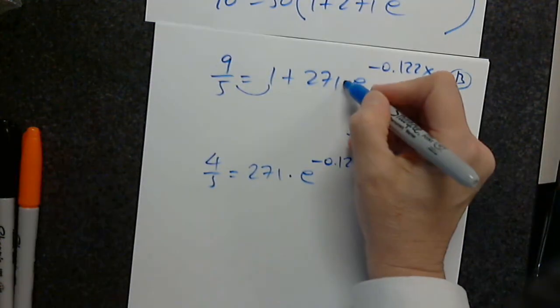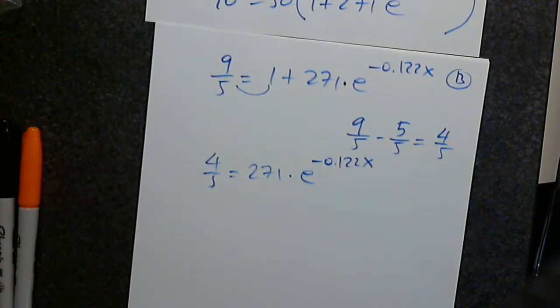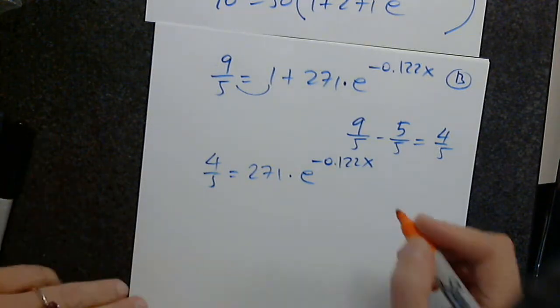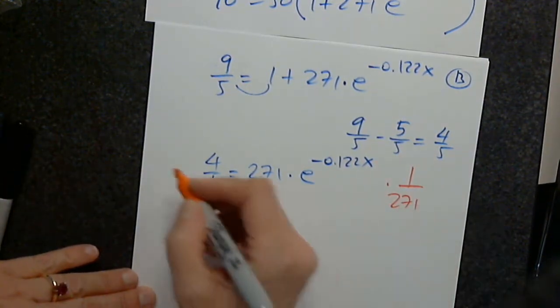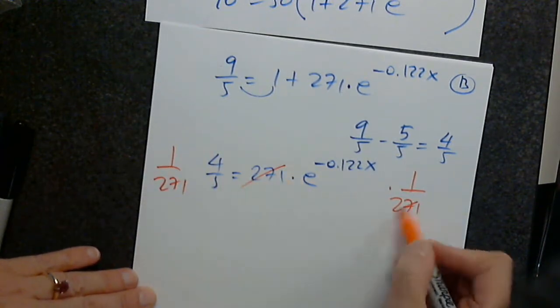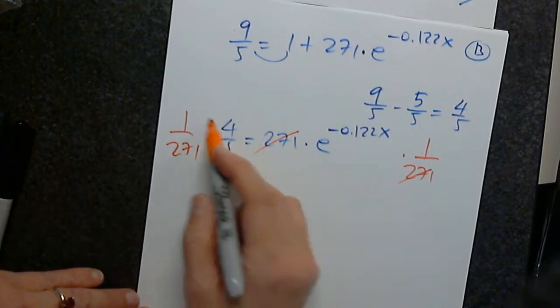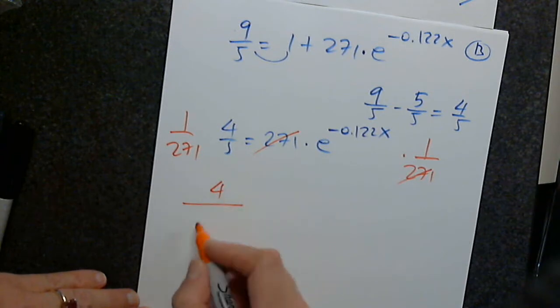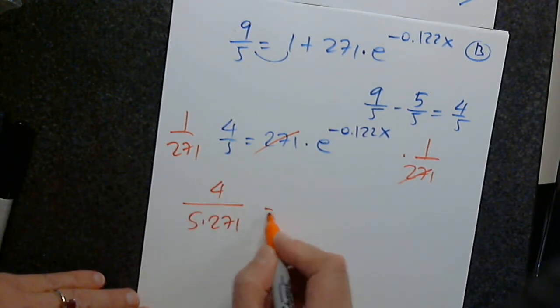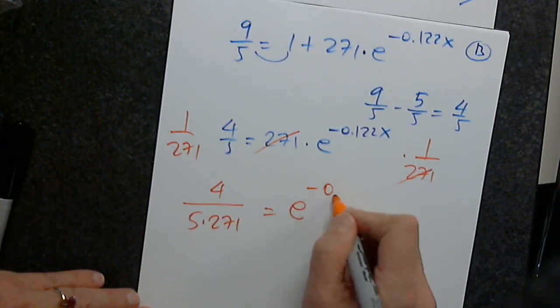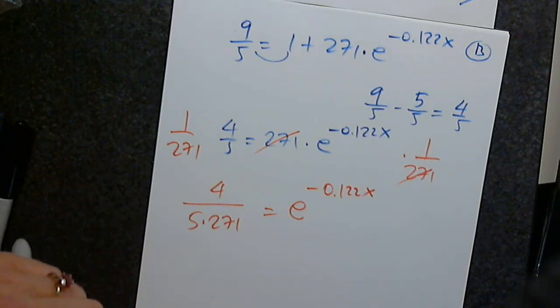So you cannot separate these two. Okay, now what am I getting rid of next? 271, but it's easier if you say we are multiplying by 1/271. And you simplify these. You do not have to multiply these two. Just write 4 over 5 times 271 equals e to negative 0.122x.